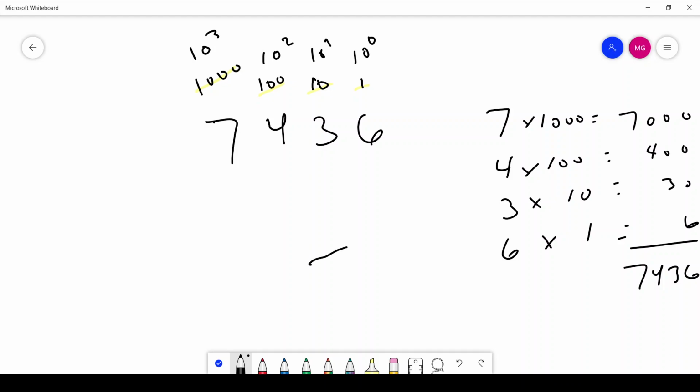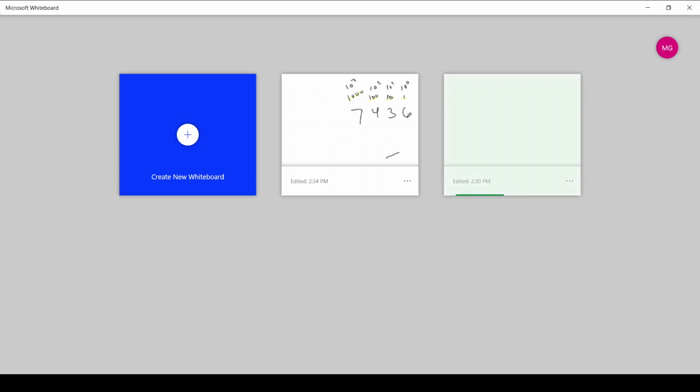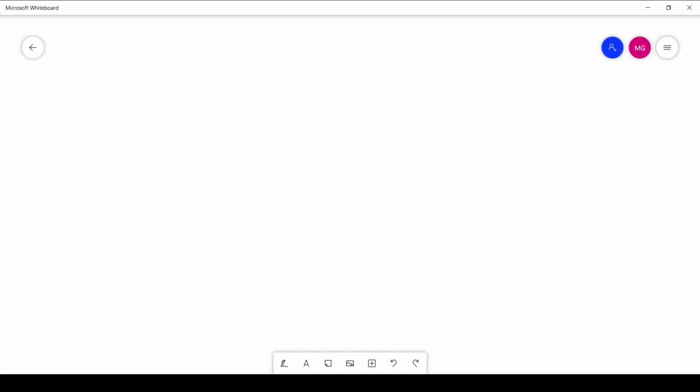Let's go look now at the binary number system. So binary is based on ones and zeros. We only have 2 digits, 0 and 1, and we're in base 2. So in base 2, we can determine our place values as well, except this time our base is not 10, our base is 2.